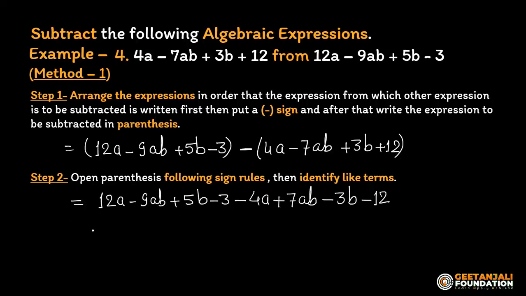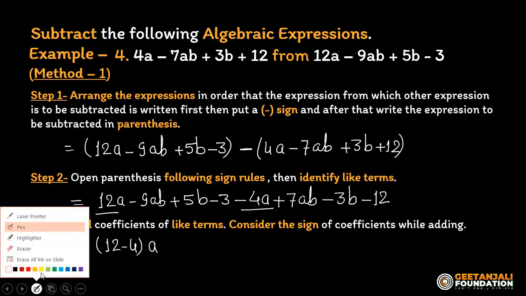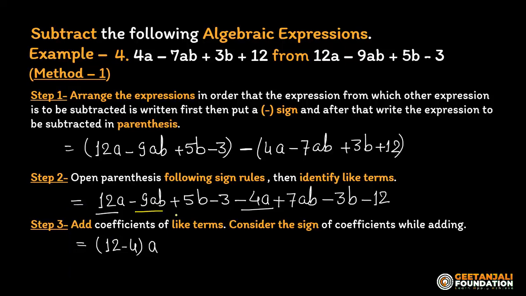Now I have to identify like terms. So 12a and minus 4a, these two are like terms. So I'll take their coefficients 12 minus 4 along with its sign a. Now next pair is minus 9ab plus 7ab. So I'll write minus 9 plus 7 and ab.